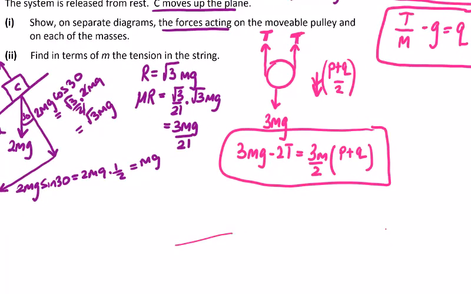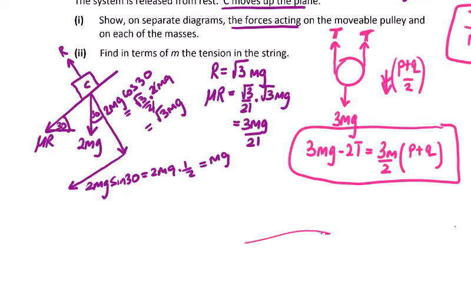So a third equation for C. Tension in the string will be going this way, up the hill, so we have T minus μR minus 2mg sin 30 is equal to ma, which is 2m, and we've called a P, so 2mP.